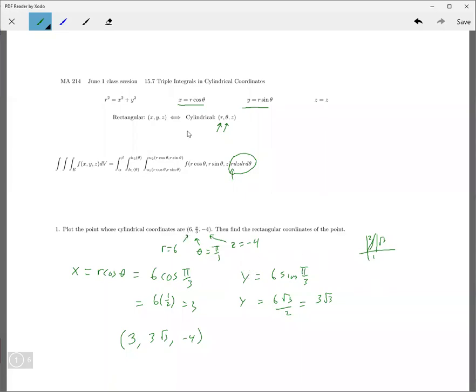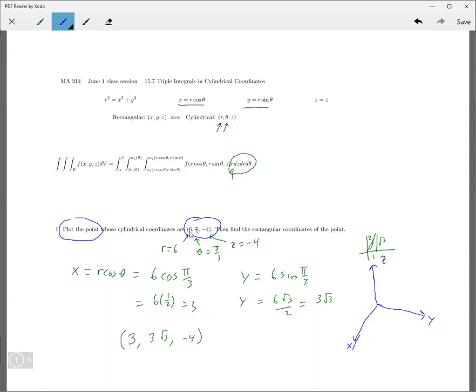So we can sketch it from here. I can kind of show you how to sketch it. If we want to plot the point, we can't do it from here now because we know those coordinates. So you have the positive x-axis right here, and the positive y-axis going this way.